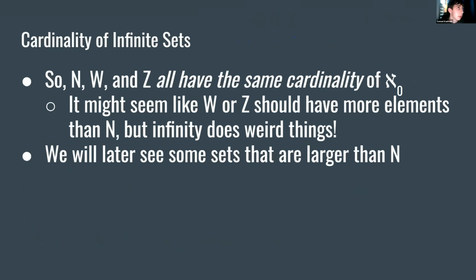So even though the whole numbers have 0 and the natural numbers don't, and Z has 0 and all the negative numbers, which the natural numbers do not have, all of these sets have the same size, and that's because infinity is weird and does weird things in math. Later on, we are going to see some sets that have a larger cardinality than N. But for now, we just have these countably infinite sets.